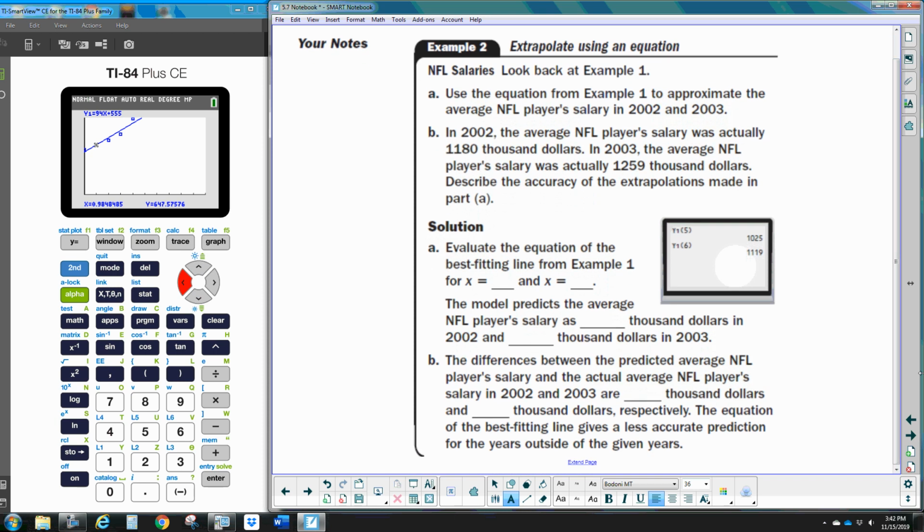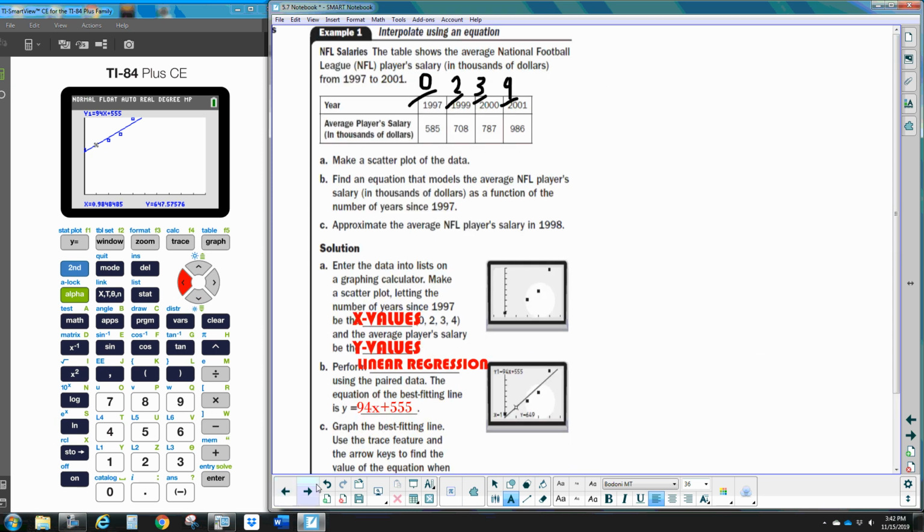It says, look back at example 1. Use the equation from example 1 to approximate the average NFL player's salary in 2002 to 2003. The first thing you have to remember is that we used an x value of years since 1997.